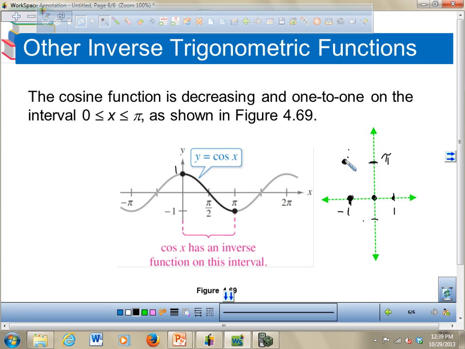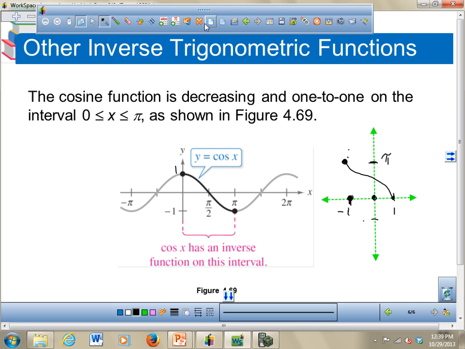And it's going to do a little squiggly thing and kind of come down here and look like that. Okay? Because cosine is 1 at 0 radians, right? Okay, so you have to kind of think backwards. So this is how the graph of inverse cosine looks. Let's just look at what they say.